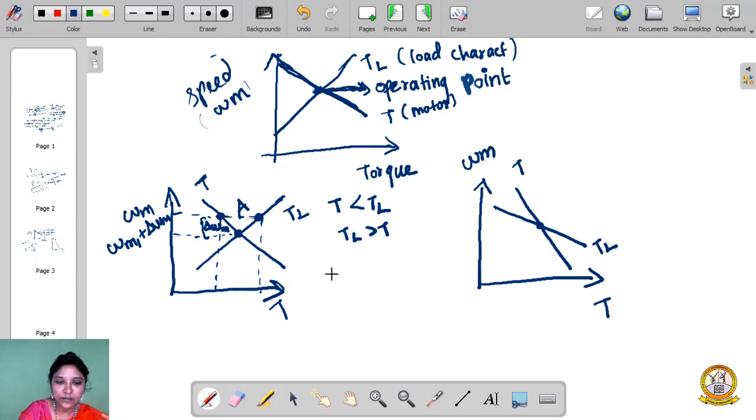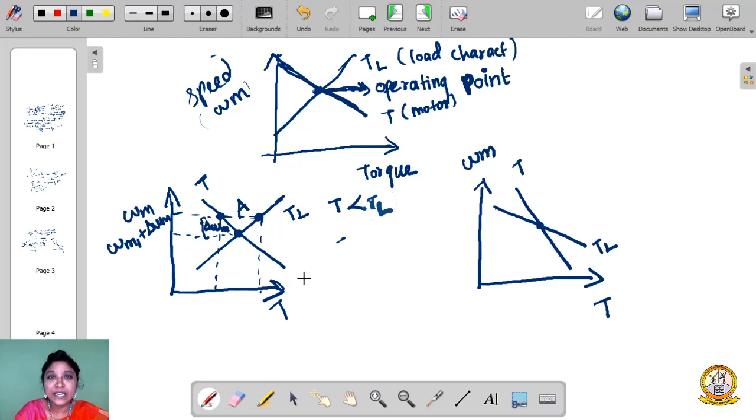The load torque is more compared to the motor torque, so the motor speed will start decreasing.